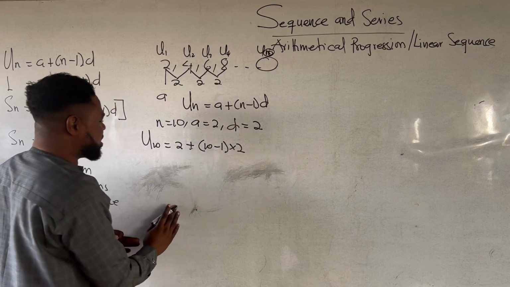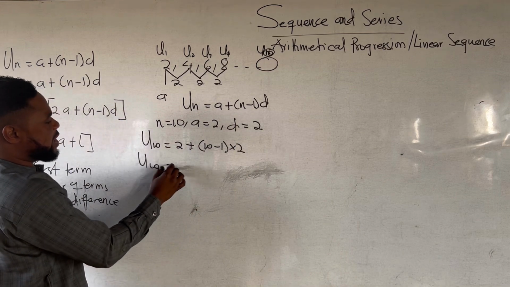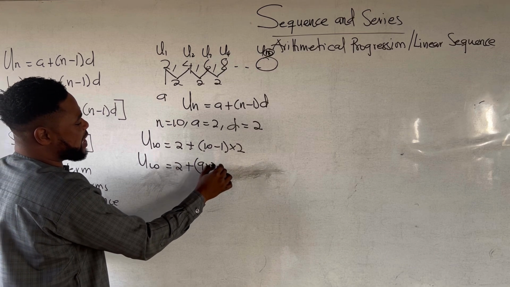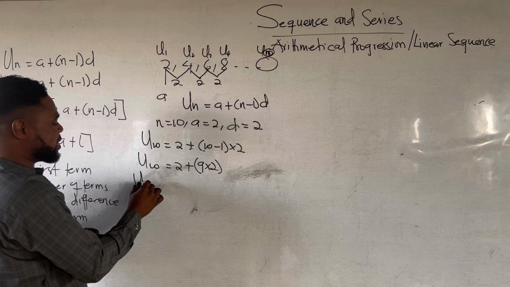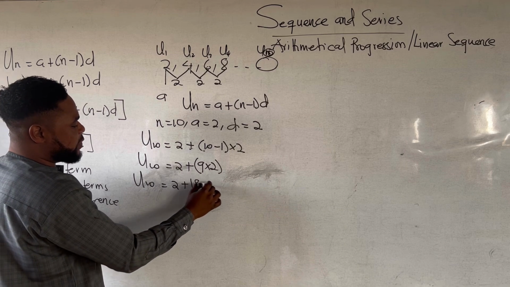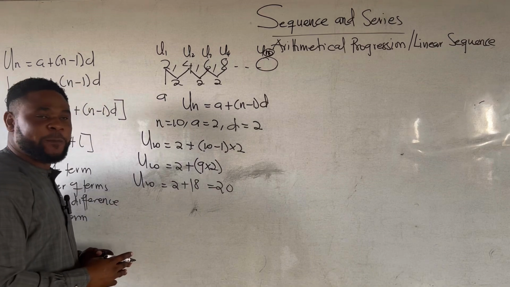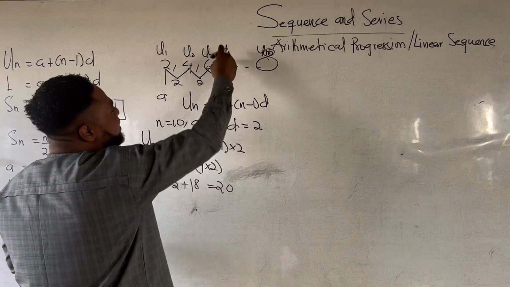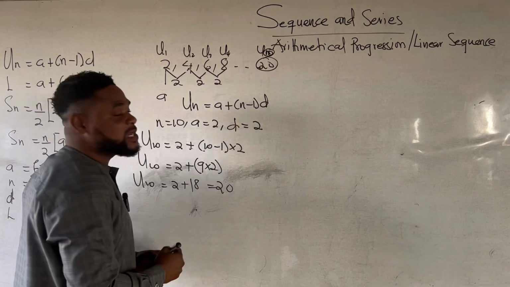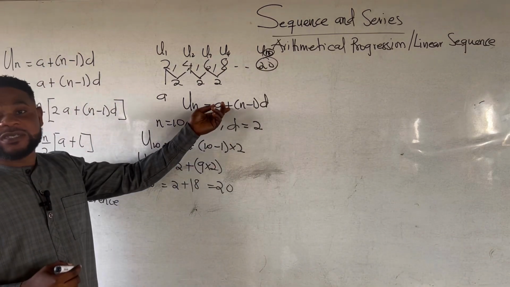So we have 2 plus 9 multiplying 2, so we have 2 plus 18, which will give us 20. So the 10th term of this sequence on the board is going to be 20.